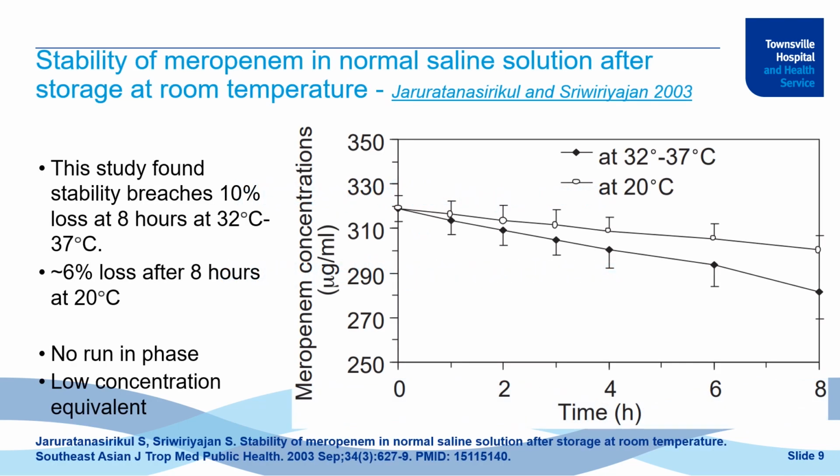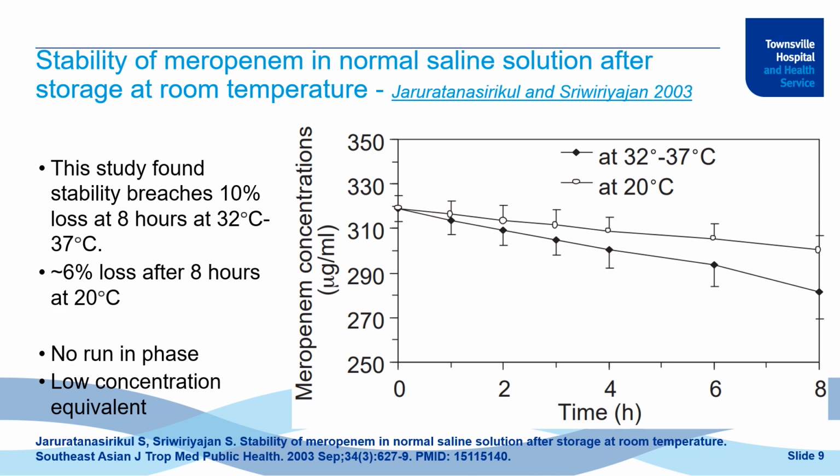So this is the kind of paper that you would have seen greater than 15 years ago looking at meropenem. They were looking more at a combination of just extended infusions in general, and they were finding the kind of data that you see in the ETG guidelines, stating that you've got 10% loss in 8 hours at the higher temperatures, and 6% loss in 8 hours at 20 degrees.